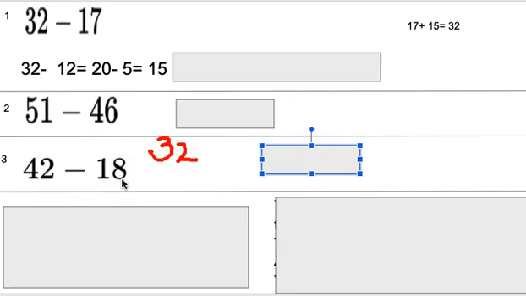So let's see. Starting with 32 and counting back 8. Start at 32, 31, 30, 29, 28, 27, 26, 25, 24.